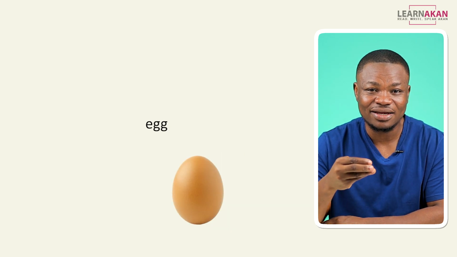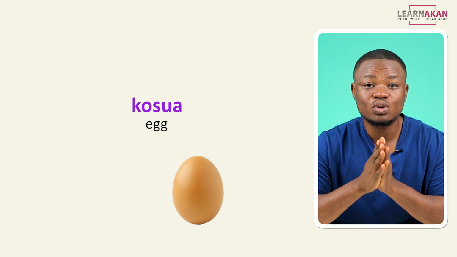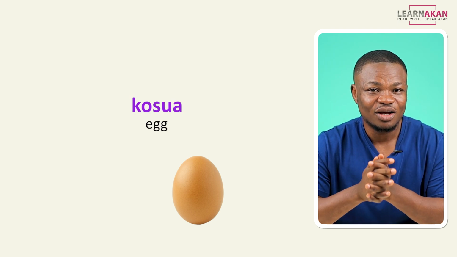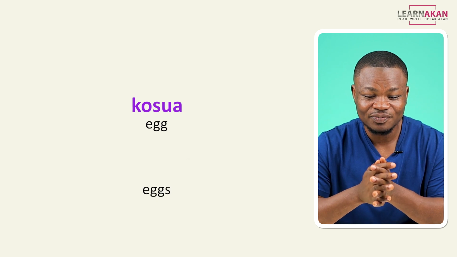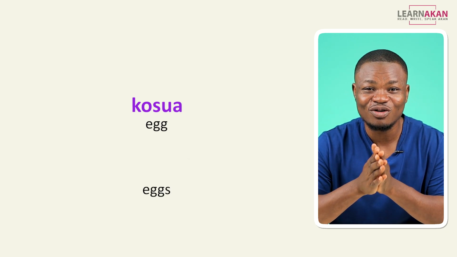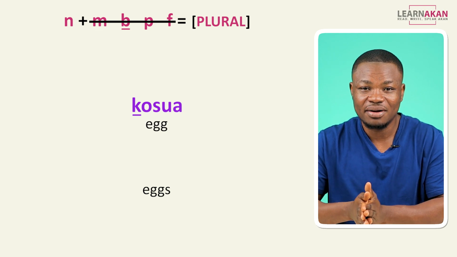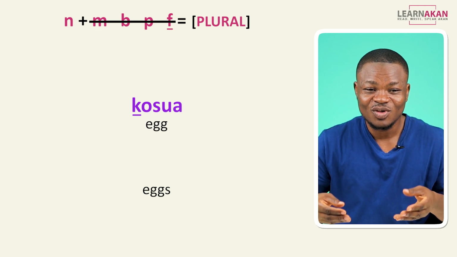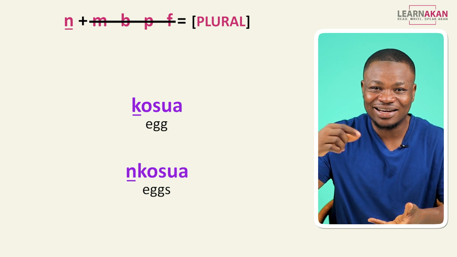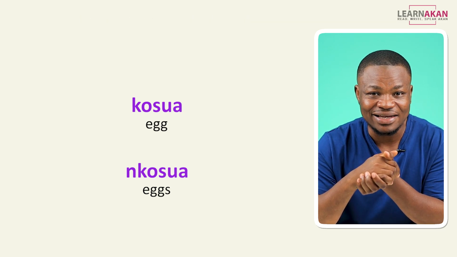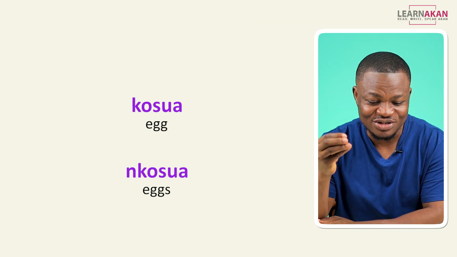Next, we have an egg, and that is kusia. The plural, since the initial consonant of kusia is k, which is neither b, p, nor f, we form its plural by bringing n in front, and we have nkusia as eggs, okay? Nkusia.